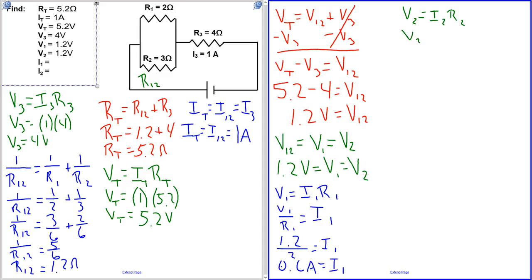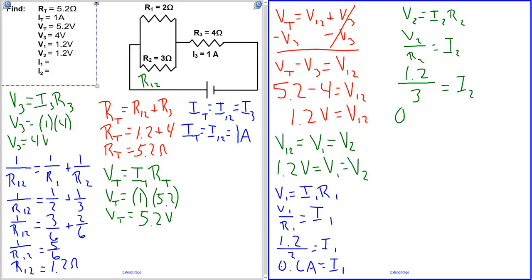So V2 over R2 equals I2. So 1.2 volts over 3 ohms equals the current at resistor 2.